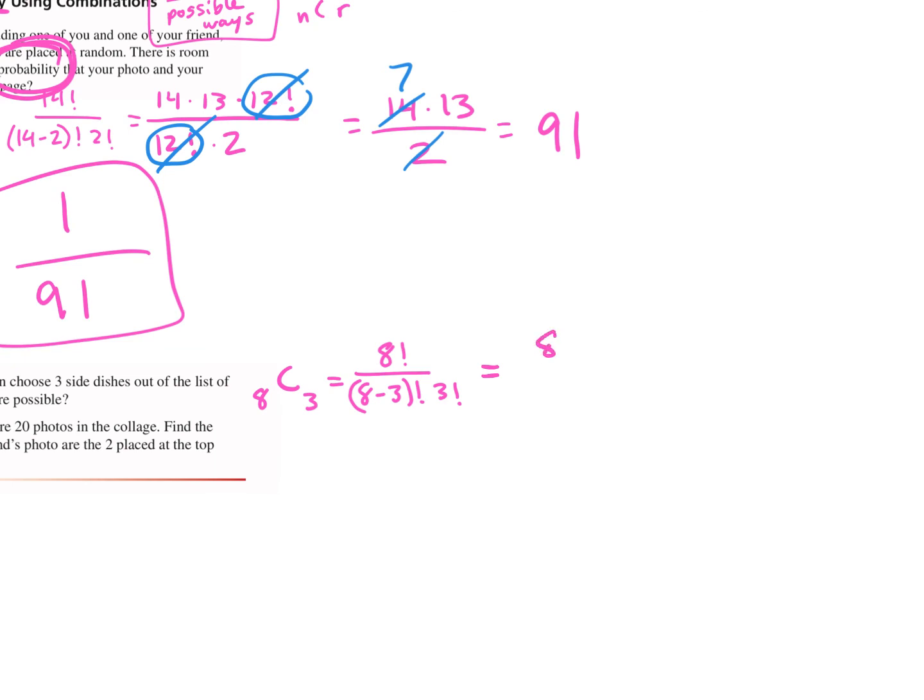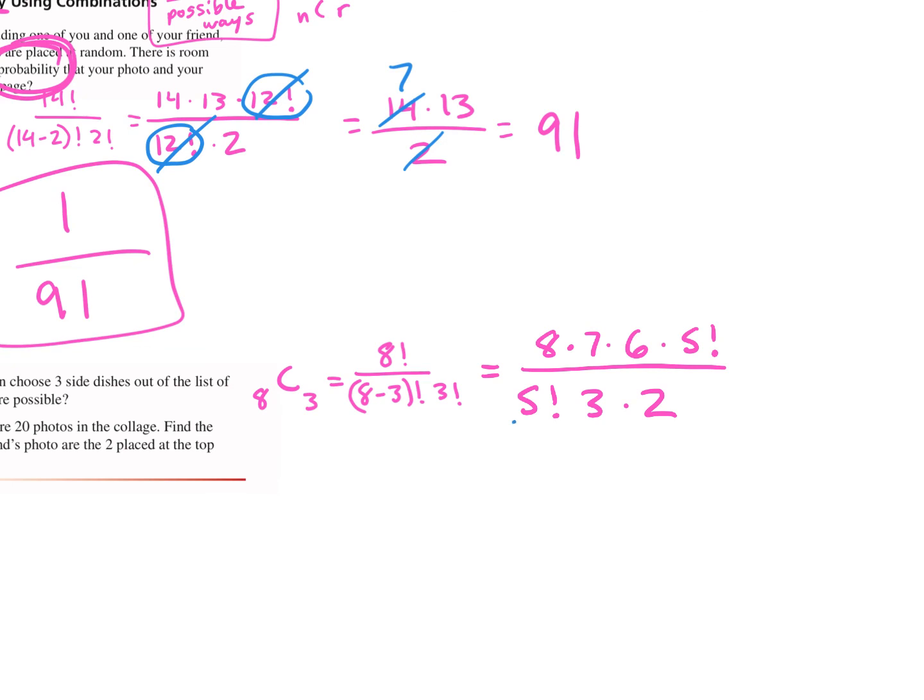So on the top, I have 8 times 7 times 6 times 5 factorial. I'm going to stop there because I see on the bottom, what's 8 minus 3? 5. So I have a 5 factorial on the bottom, which I know is going to cancel out with my 5 factorial on the top, so I'm just going to save myself some time so I don't have to write it all out. And then I have 3 times 2 times 1. So anything on the top cancel out with anything on the bottom?